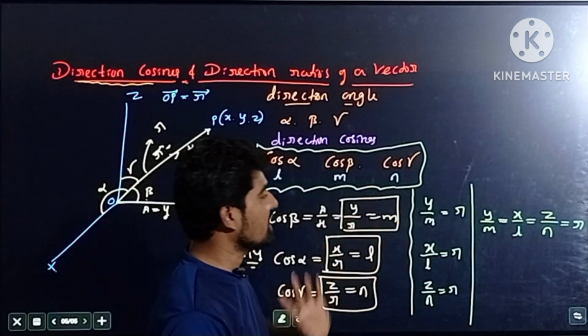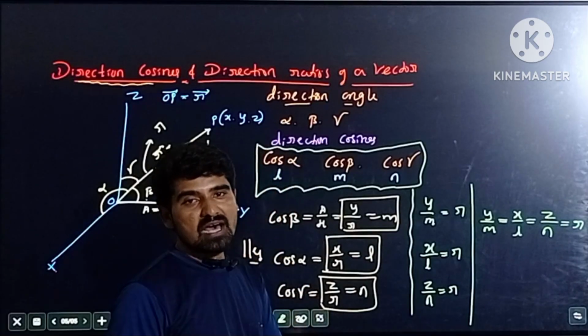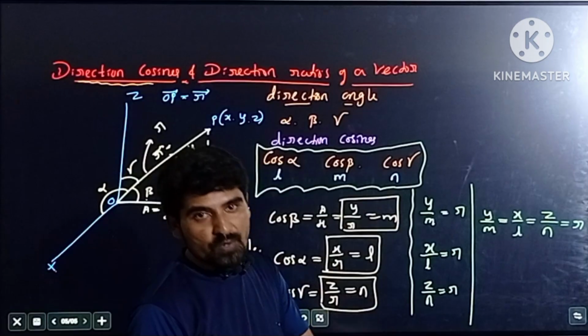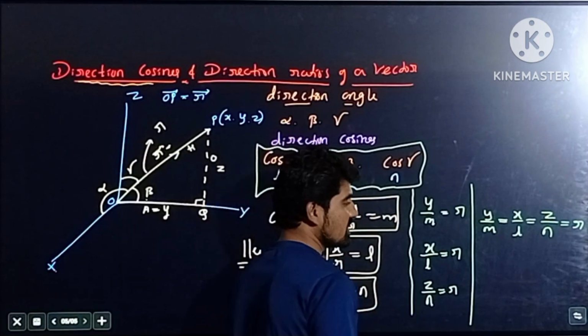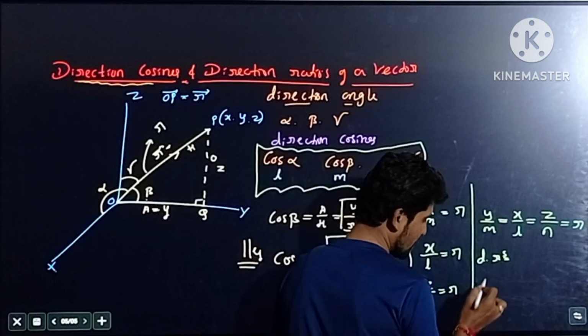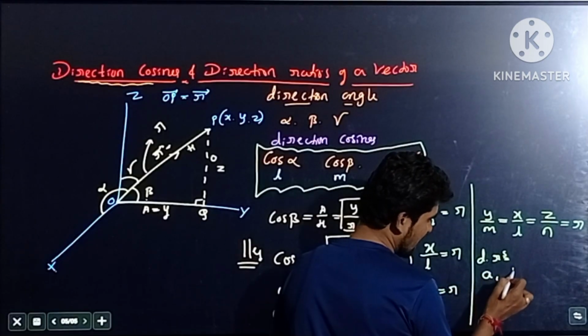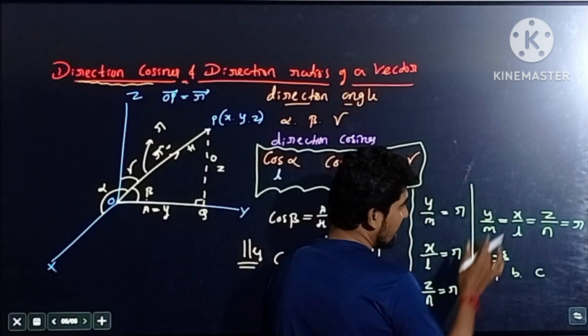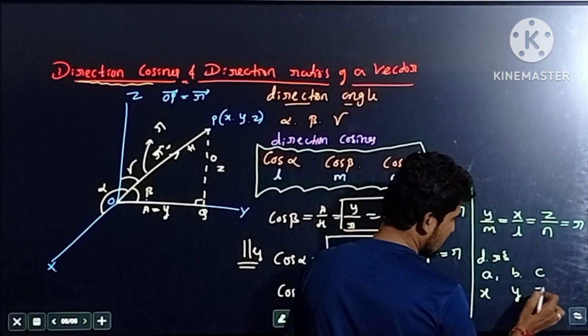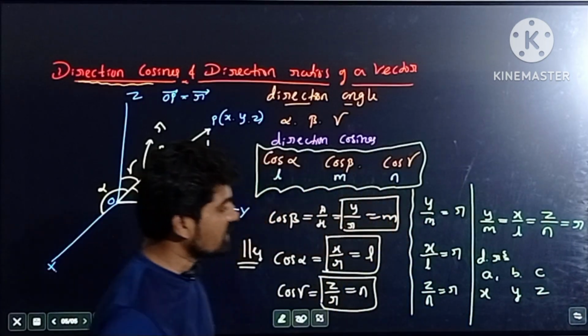Actually the definition of direction ratios is the numbers which are proportional to the direction cosines are called direction ratios. And direction ratios are denoted by A, B and C, where A is x and B is y and z is C. I hope all of you understood.